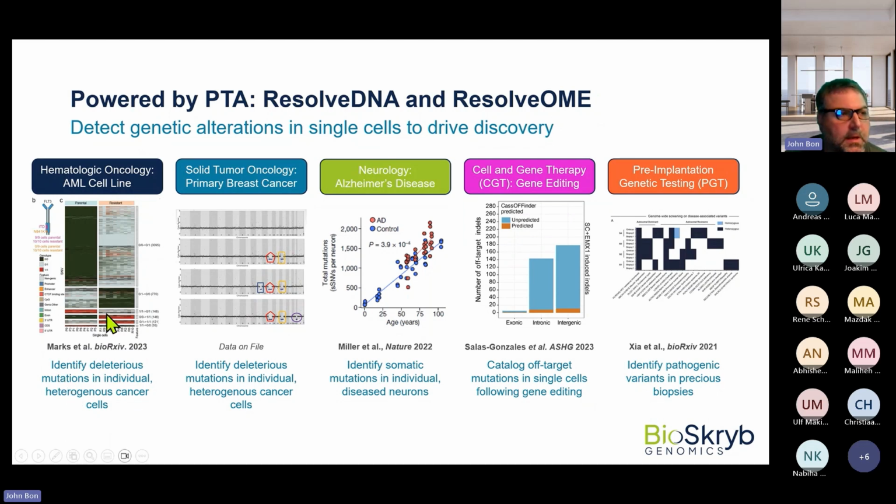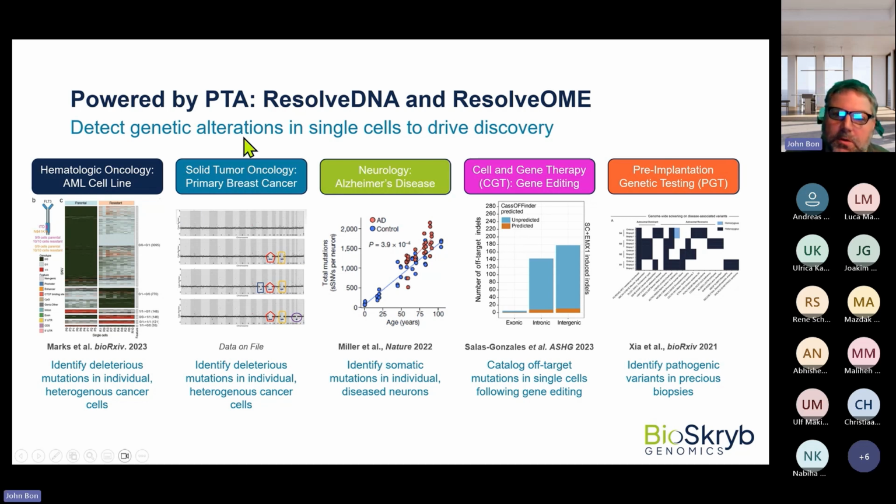There is an abstract looking at multiple myeloma patients that are relapsed and refractory, isolating circulating tumor cells from their blood, and then using our ResolveDNA technology to amplify whole genomes and sequence that DNA to have more informed decisions on those patients' future treatments. That abstract is available if you go to the ASH website, and you could have a look at that abstract. It'll be presented at the ASH meeting, and it's not from BioSkryb, it's from our customers.